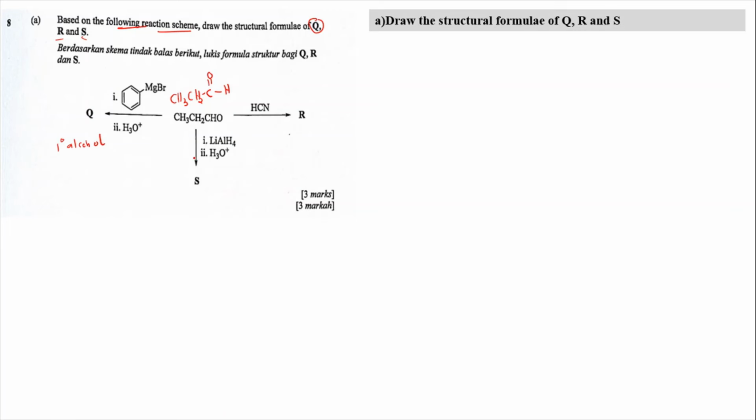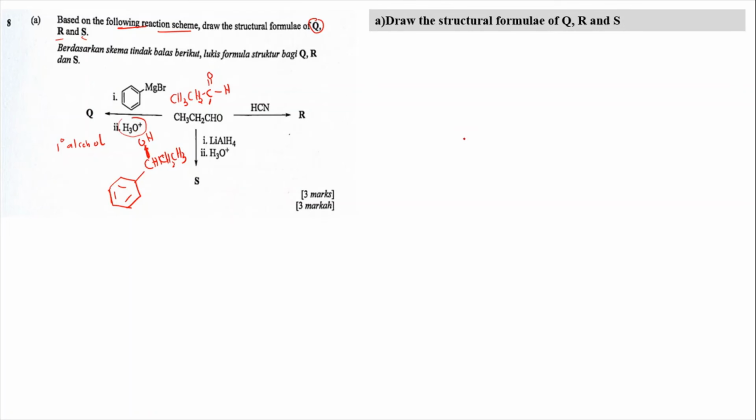Okay, and here you can see that the benzene ring attached with Grignard reagent is going to attach to this carbon here that is attached with the aldehyde group. Okay, so it's going to become C, H, and then CH2, CH3, and the oxygen at carbon is going to become OH because it undergoes hydrolysis.